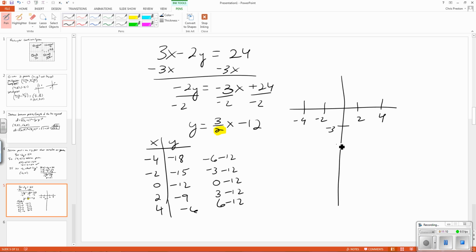So I'm going to count by 3s on the y's and 2s on the x, just based on the numbers I got when I was working this. And so (-4, -18), (-2, -15), (0, -12), (2, -9), (4, -6). We find this is a line.